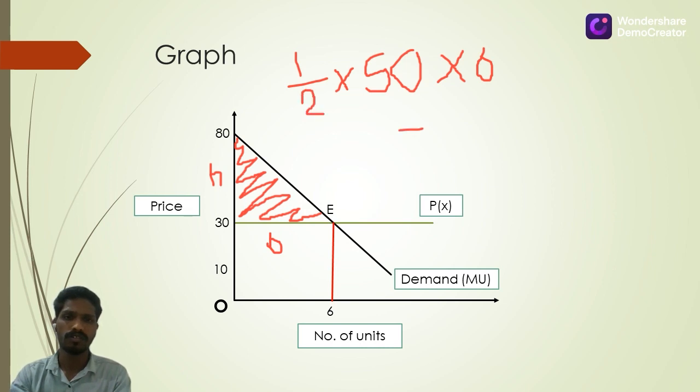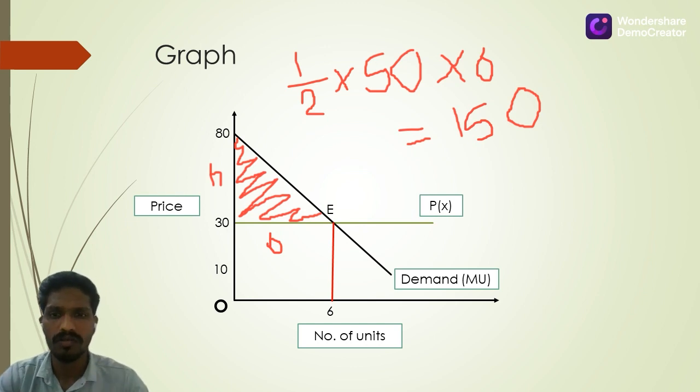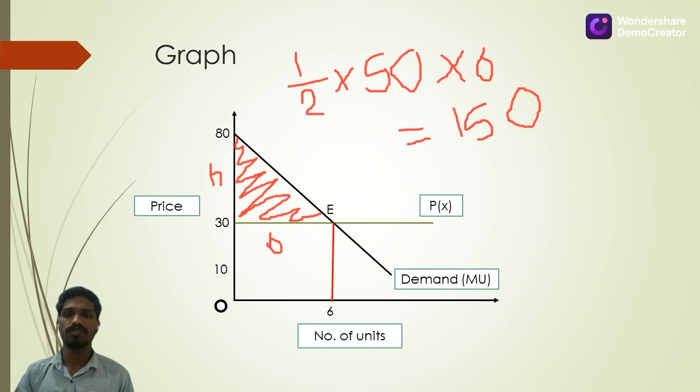The answer is 150. This is how we calculate consumer surplus by the graphical representation. So this is all about consumer surplus.